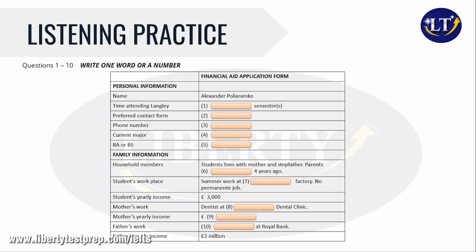Hello, Financial Aid Office. How can I help you? Well, I want to submit my information to receive the scholarship. Can I do that on the phone? Absolutely. Can I have your name, please? Alexander Polianenko. Okay. And how long have you been attending Langley Business School? I'm in my 3rd year. So I am actually a junior, but I recently transferred to Langley last semester, so I've actually just been here for 1 semester.